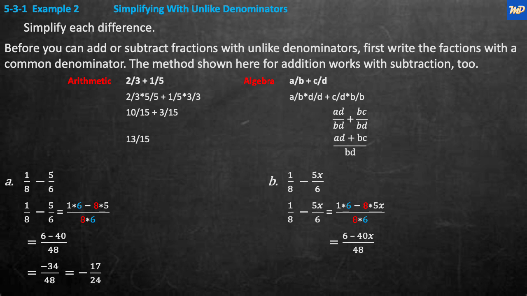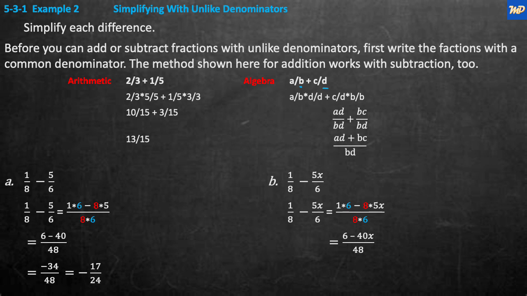So on the first fraction, we have a over b times d over d. And for the second fraction, c over d, we have c over d times b over b, which is the denominator of the first. So the first fraction gets multiplied, top and bottom, by the denominator of the other fraction.